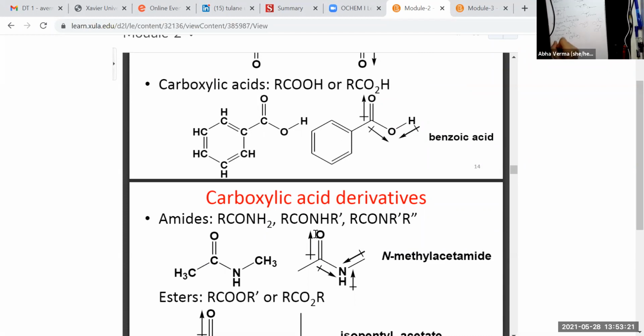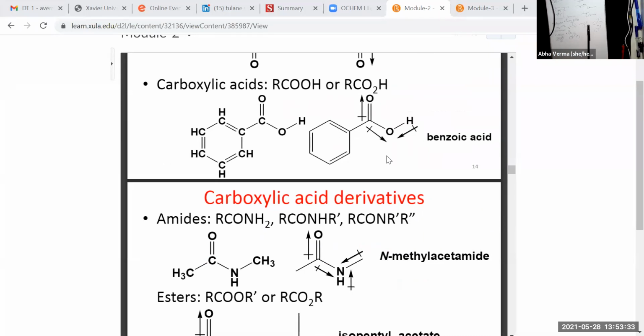The carboxylic acids are our next group of carbonyl entities. The pattern that we see here is R with the carbonyl group and then an OH.